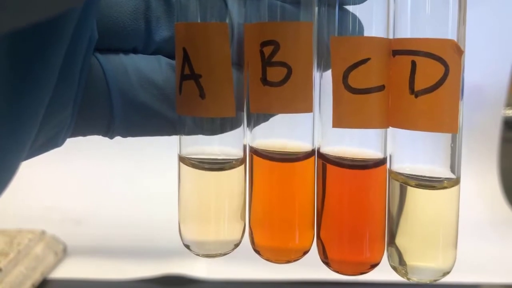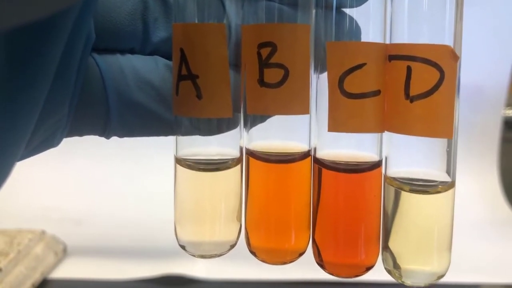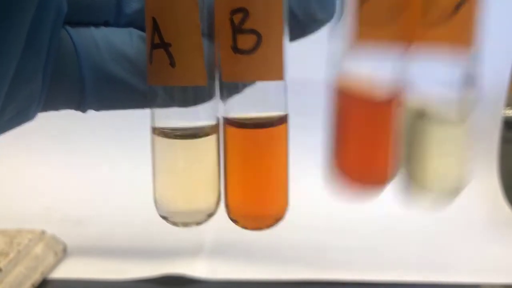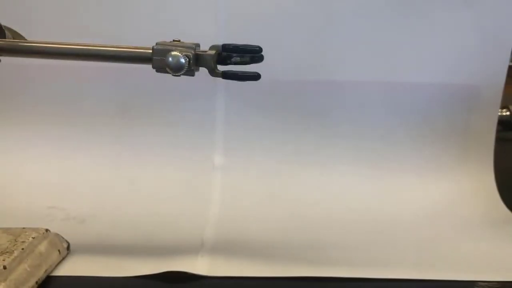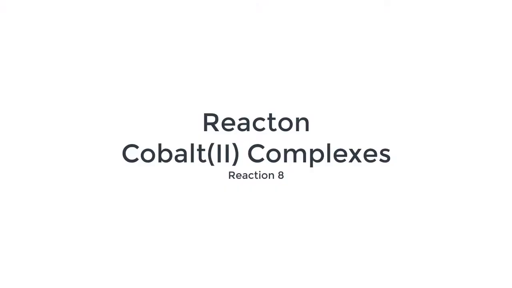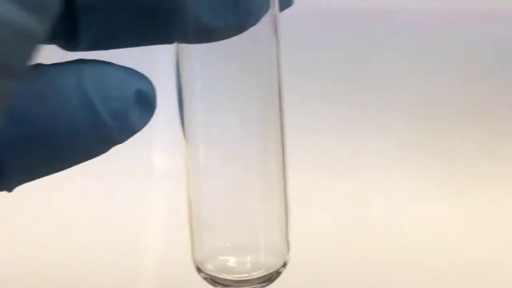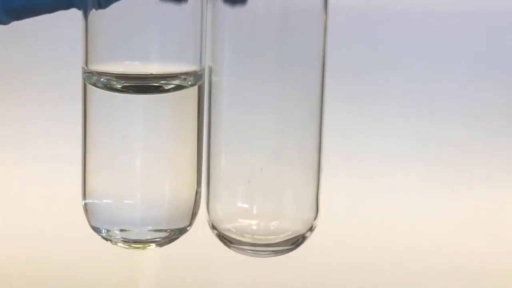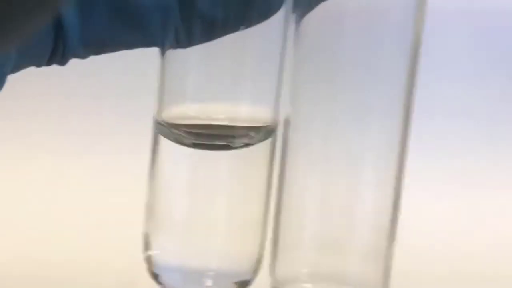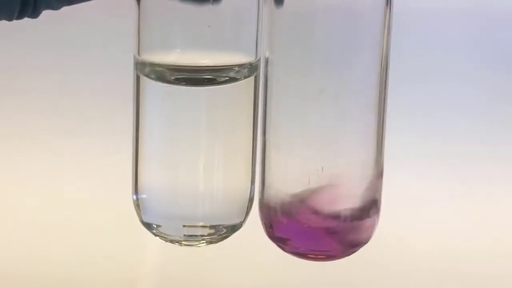Sorry, it bugs me when the labels aren't straight. So we're going to add cobalt chloride, about 3 mils, to this test tube here. So we'll measure it out here.